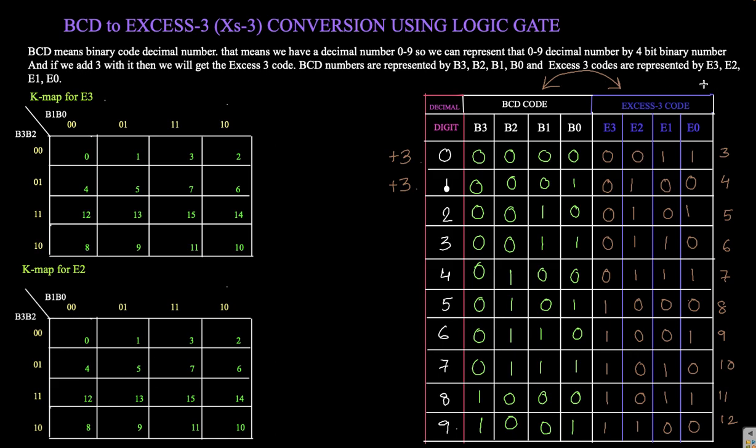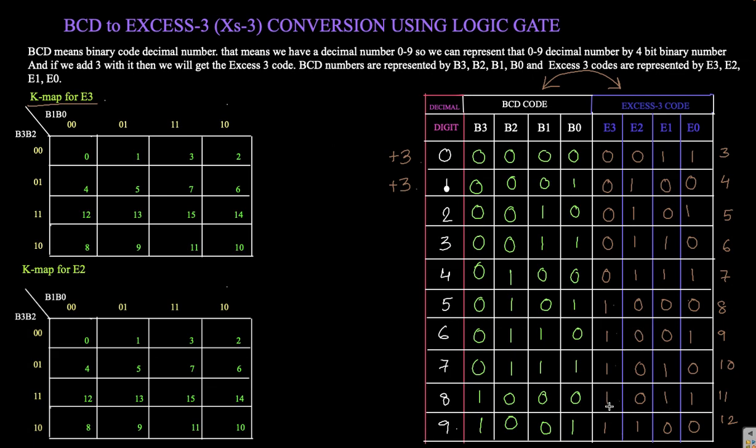So what should we do? We take B0, B1, B2, B3 as inputs and make a K-map for E3, E2, E1 and E0. For E3, we get 1 in positions 5, 6, 7, 8 and 9.